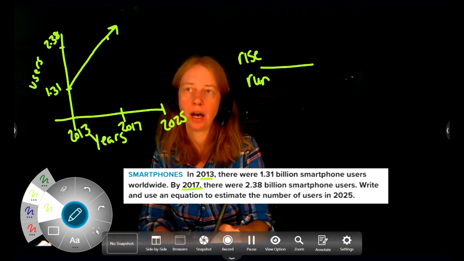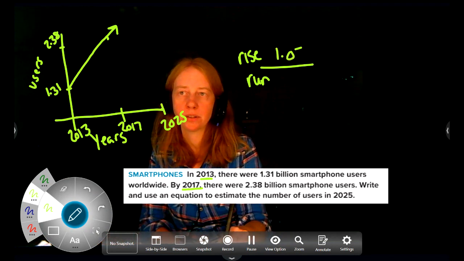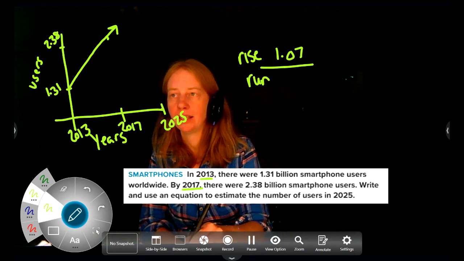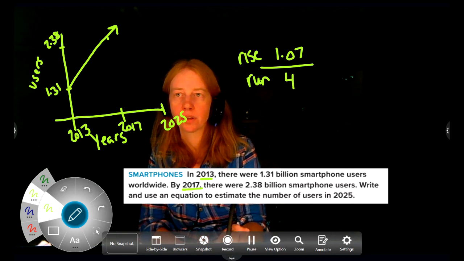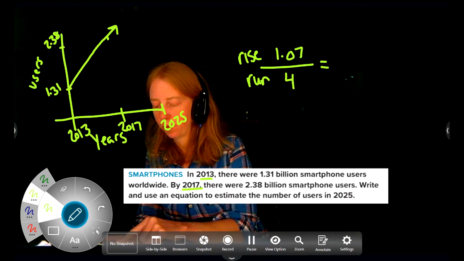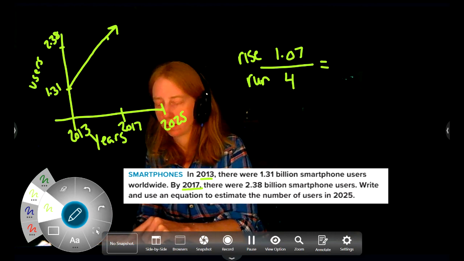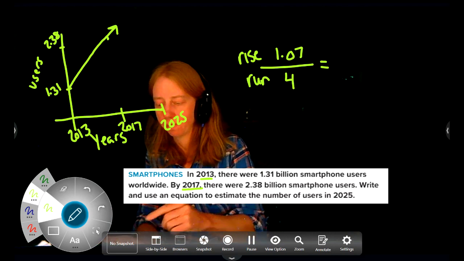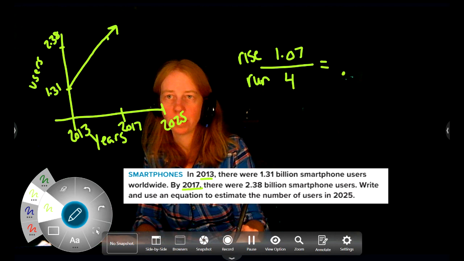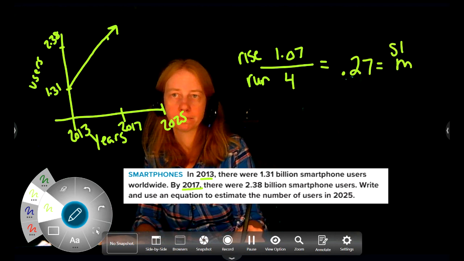How much did we go up? We went up 1.07. Okay. Now our run is how many years that took. So 2013 to 2017, that's 4 years. So we're going to figure this out. This is going to be our slope. So 1.07 divided by 4 is 0.2675. Let's use 0.27. That's our slope, or our M.